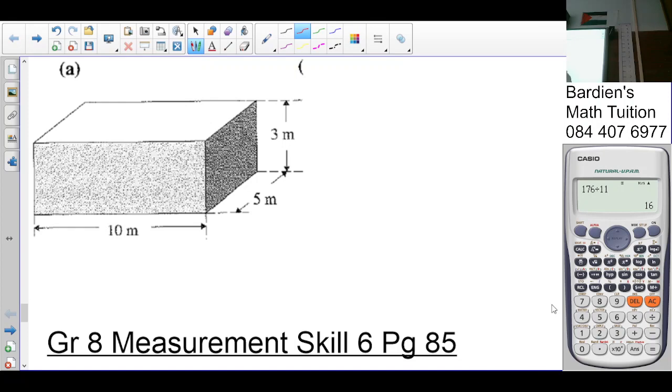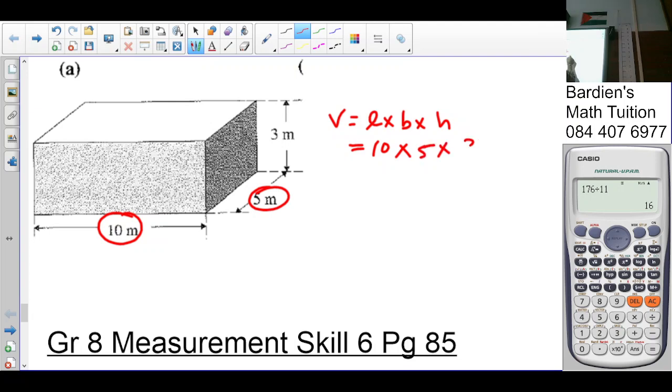The volume is going to be length times breadth times height. What's your length? 10 meters, times the breadth, 5 meters, times the height, 3. It's going to be 150 meters cubed. Any confusion there?